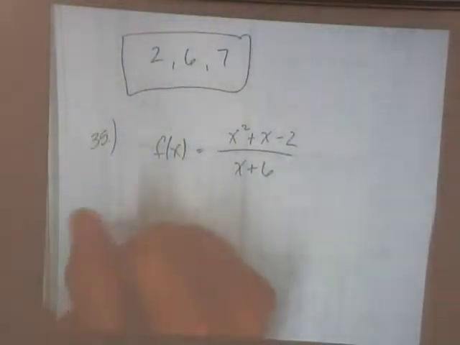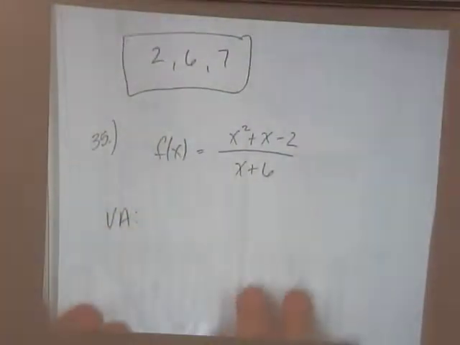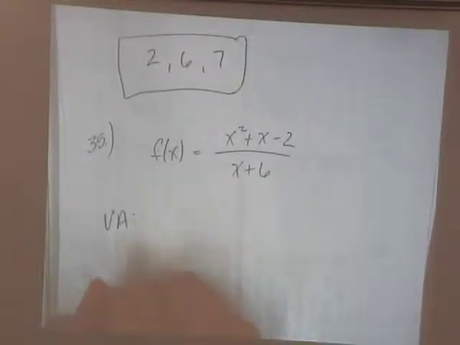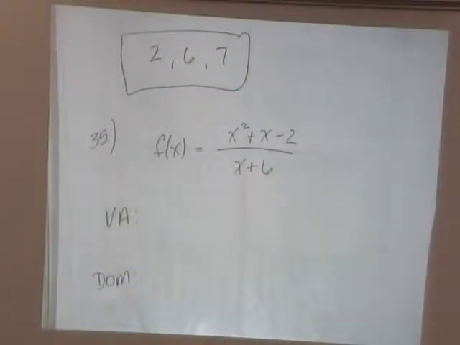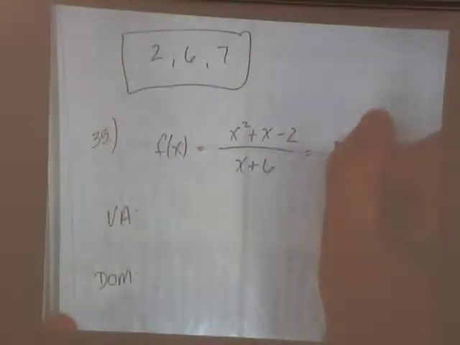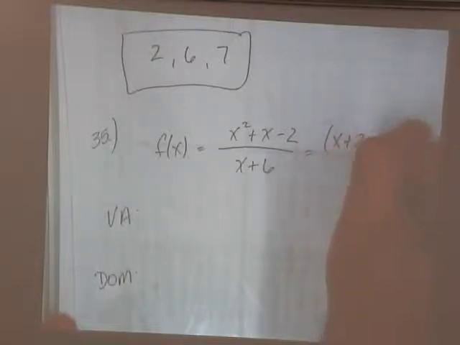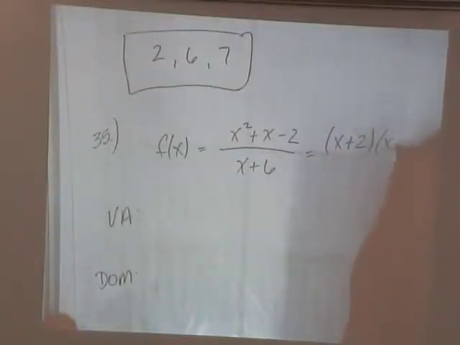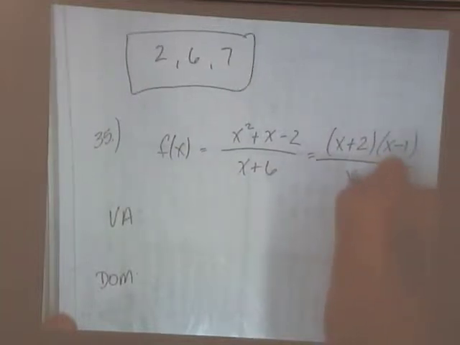All right, they want to know what the vertical asymptotes and the domain are. Well, let's factor that numerator first. What would that factor into? x plus 2 and x minus 1 over x plus 6.